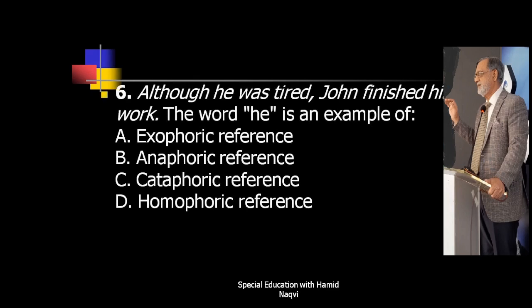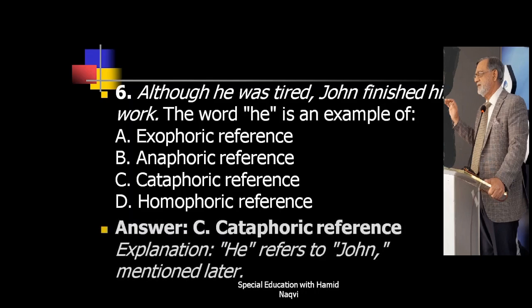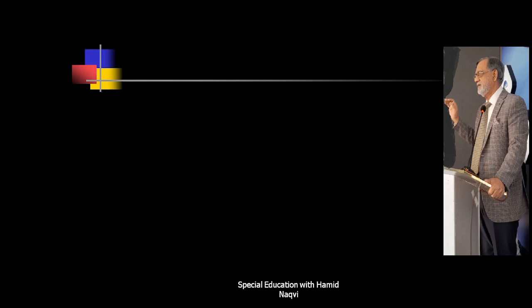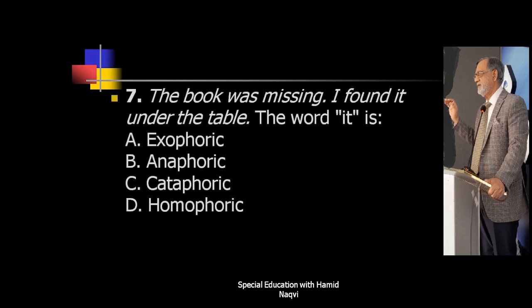Although he was tired, John finished his work. The word he, what is it? It is cataphoric, because he refers to John, mentioned later. The book was missing. I found it under the table.